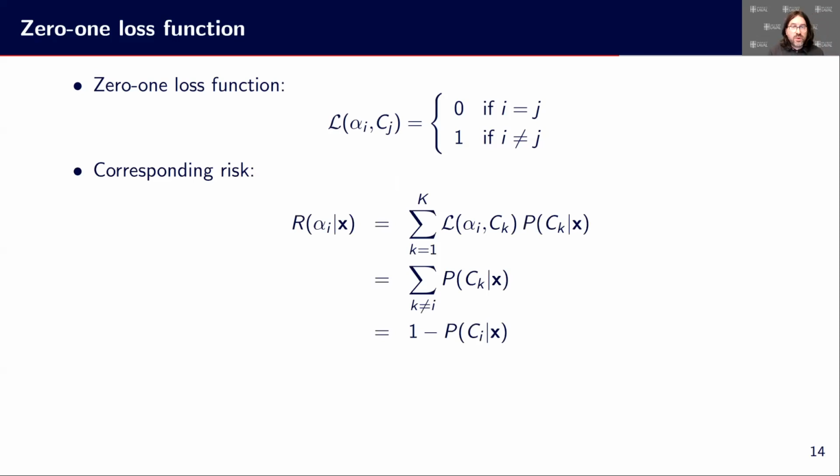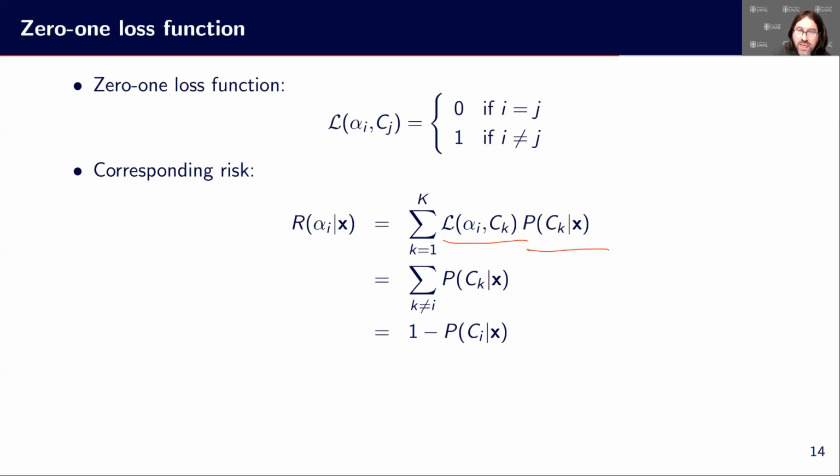The corresponding risk here, if we take the expected risk formula, is summing over all classes the loss associated to assigning to class alpha i, given that it is from class k, times the posterior given by our model for class k given x.